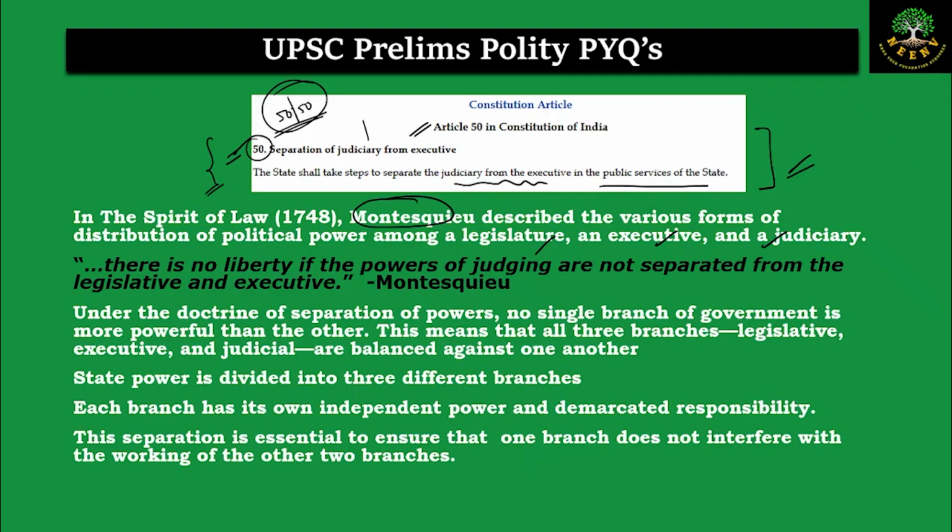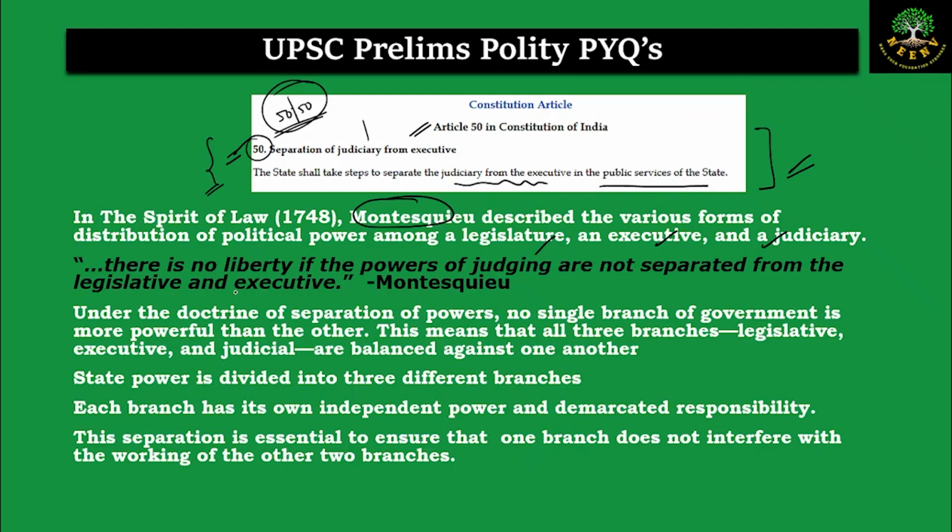And so clearly the powers have been demarcated into 3 different organs. Sometimes the division is absolute, wherein one organ cannot overstep into the powers of the other organ, but sometimes the division is not very clear. The powers will slightly overlap. And here we should recall the statement of Montesquieu, where he said that there is no liberty if the powers of judging are not separated from the legislative and the executive.